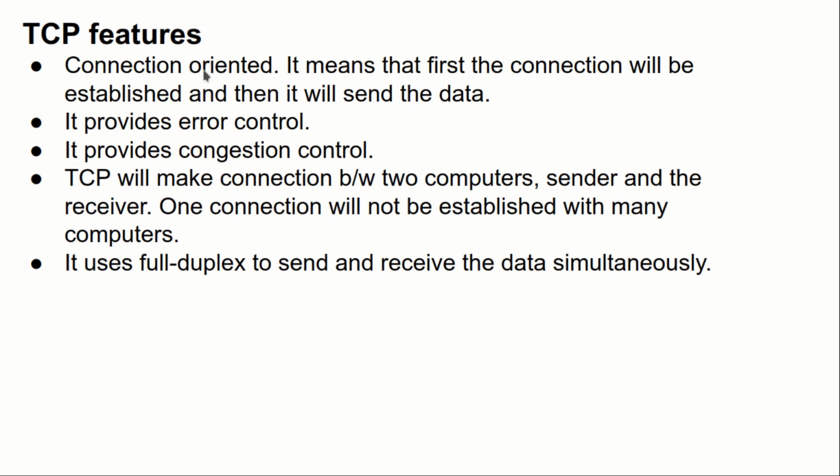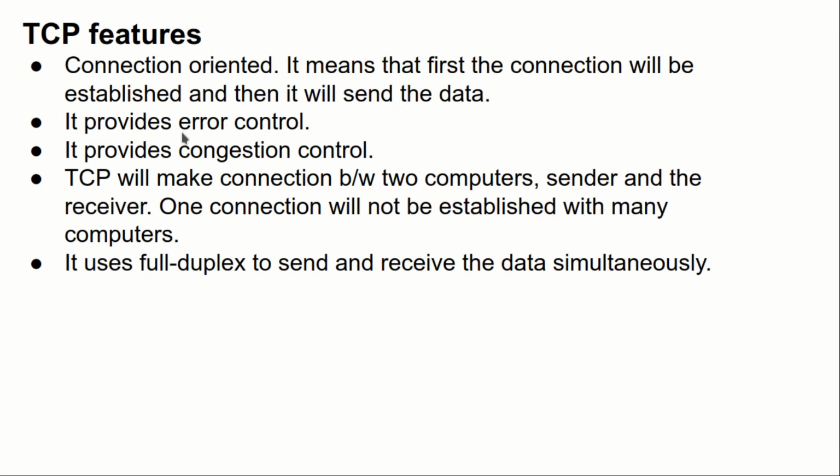TCP is connection oriented. It means that first the connection will be established and then it will send the data. In UDP we have seen that it does not care whether the connection is established or not; it just sends the packets. But TCP makes sure to first establish the connection and then send the data.